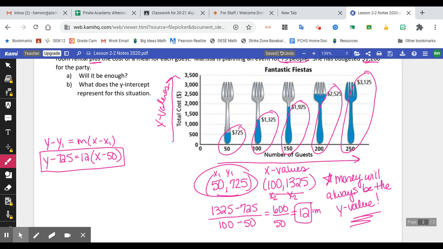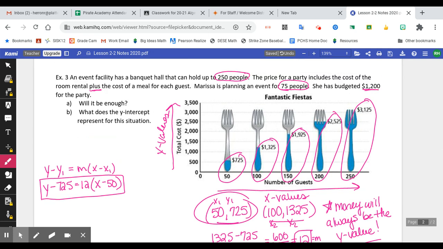And then if you look at the question, it says, will it be enough? Meaning you have to make sure that her values, which is what we looked up here, 250 people, is what it can hold. But she wants 75 people and $1,200.